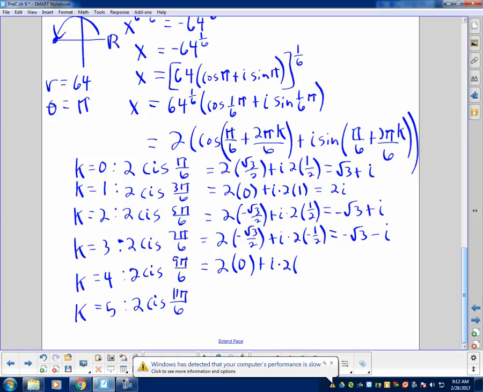So there's our negative 2i, just as you observed. And then finally, 2 times root 3 over 2 plus i times 2 times negative 1/2. And here comes the other conjugate, root 3 minus i.